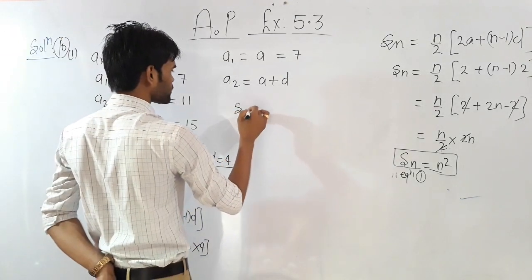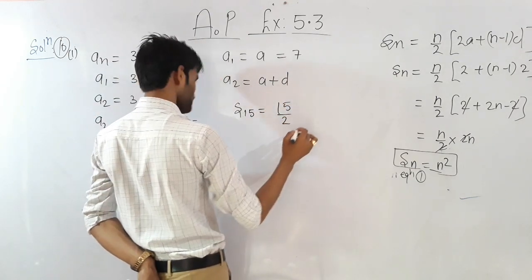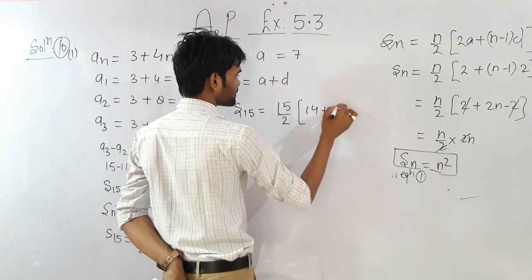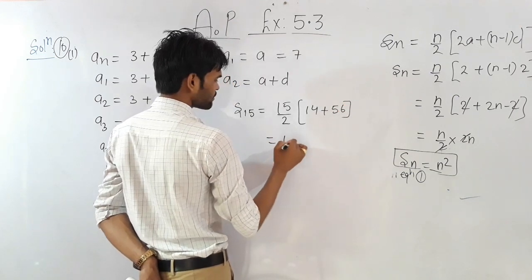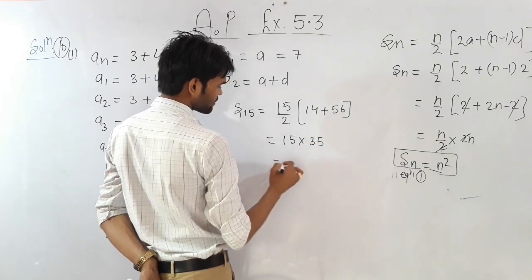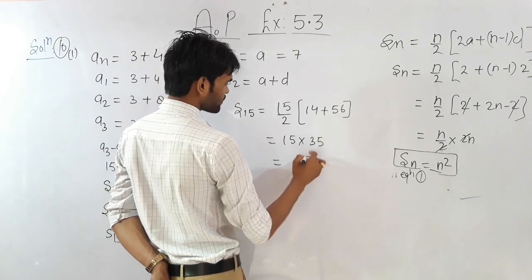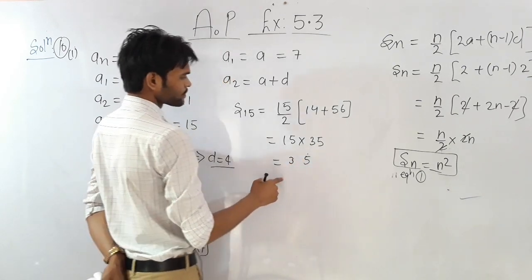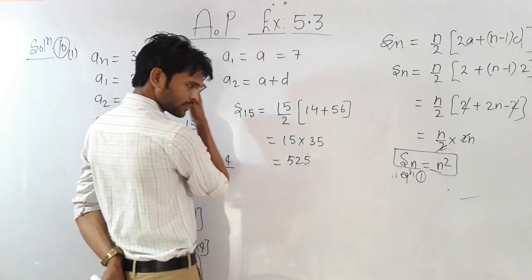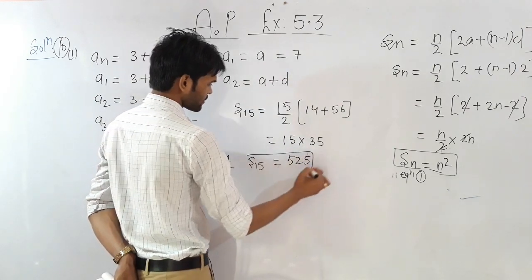S15 is equal to 15 by 2 into 14 plus 56, that is 70. It becomes 15 into 70 by 2, which is 35. Multiplying, 5 times 5 is 25, 5 times 3 is 15, and 15 plus 25 is 40... so 15 times 35 gives 525.